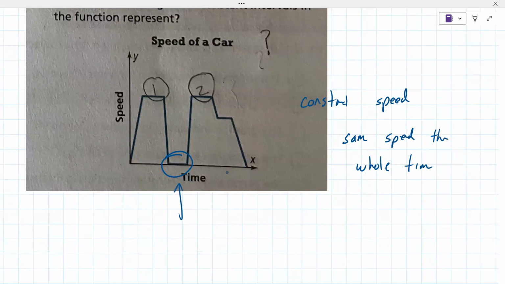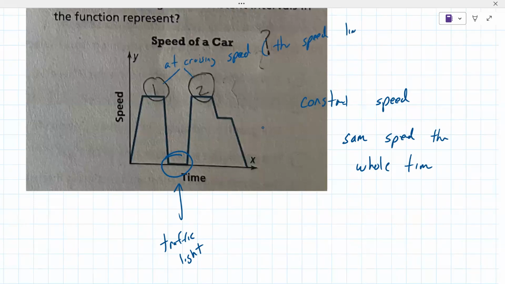This is when the car is at a traffic light. What's your speed when you're sitting at a traffic light? Zero. Yeah. And think of one and two as when you're at what's called cruising speed, the speed limit, unless you're going to be a speeder, but speed limit.